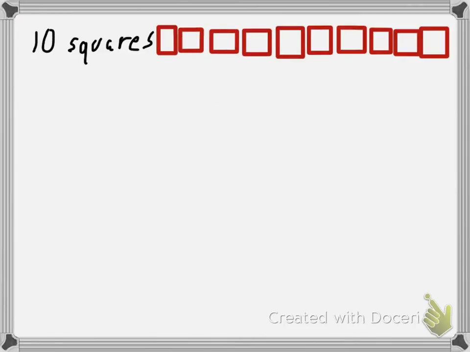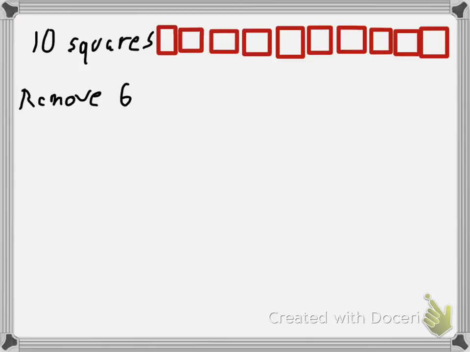Okay, for this example, let's say I start with 10 squares. So on my tape diagram, I know that I have 10 squares, meaning my units are 10. And let's have us remove 6.